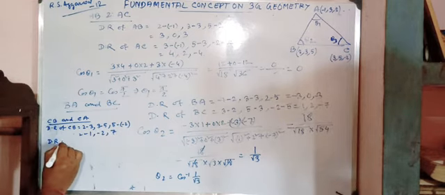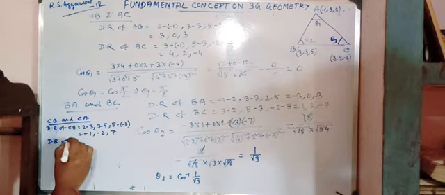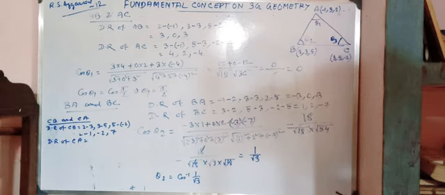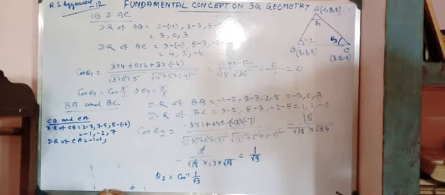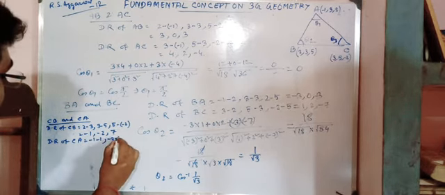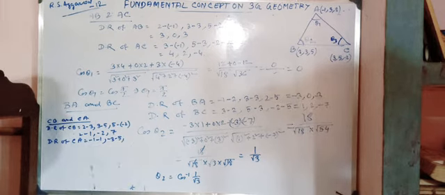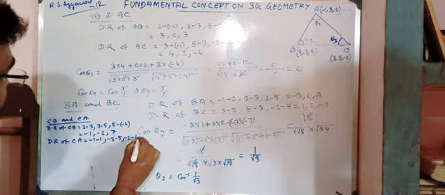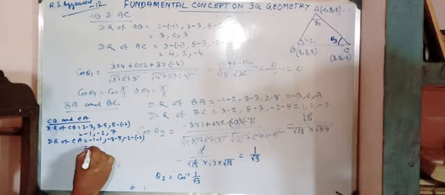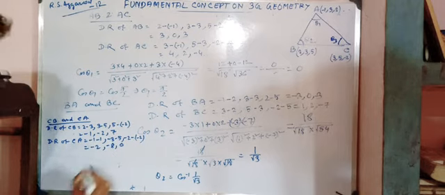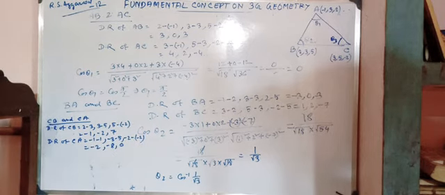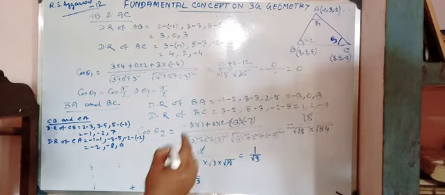Similarly, the direction ratio of CA is equal to minus 1 minus 3, comma minus 3 minus 5, comma minus 2 minus of minus 2. So from here this is minus 2, this is minus 8, and this is 0. So this is the direction ratio of CA. So the angle is theta 3.